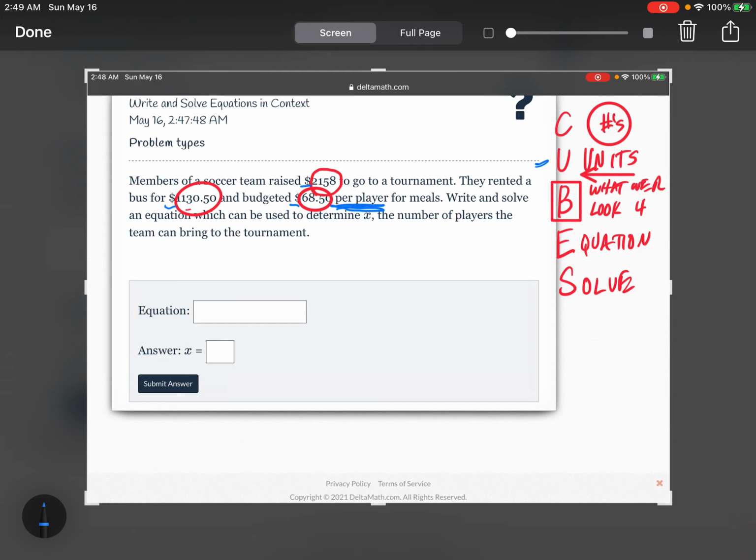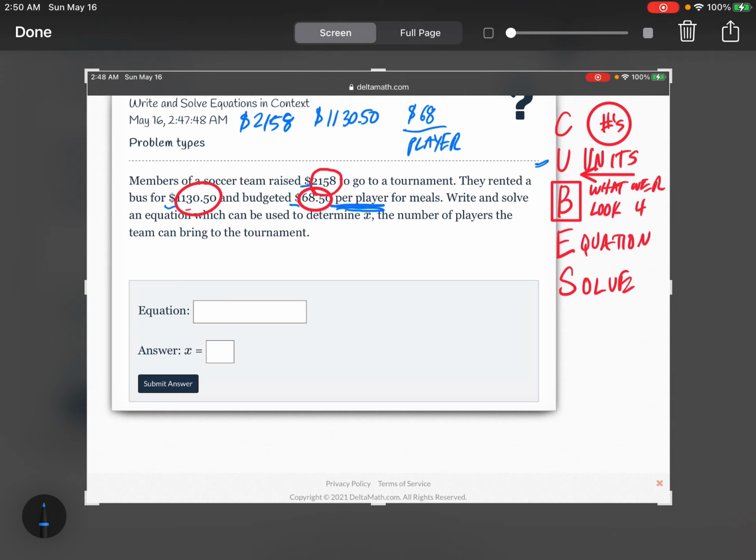So if I were to write this, this would be $2,158, $1,130.50, and then this would be $68.50 per player. Now, if I'm going to write an equation, I forgot the box.